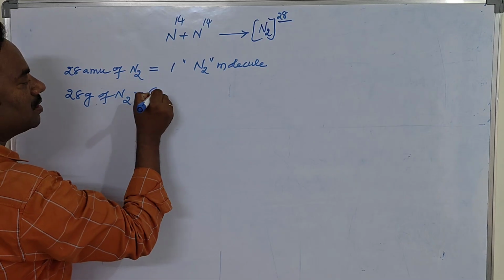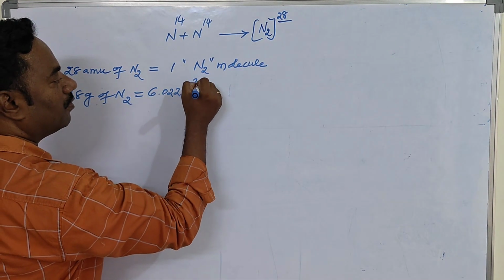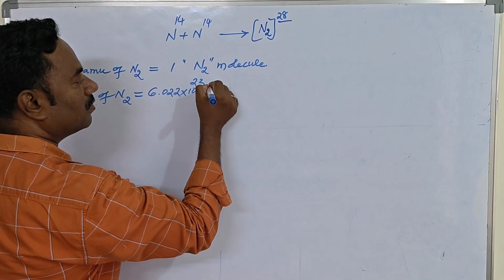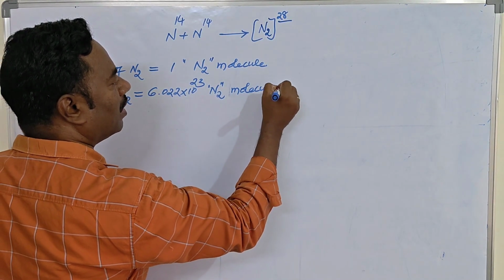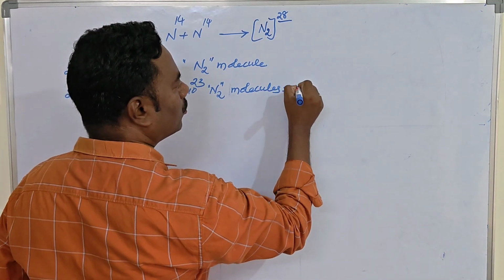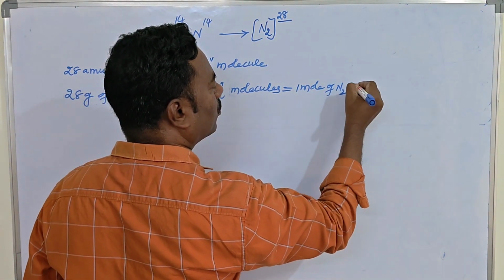If the mass is in grams, it contains Avogadro number of molecules. It is equals to 1 mole of N2.